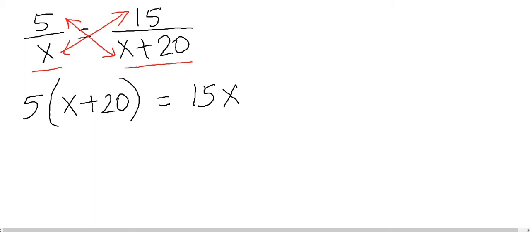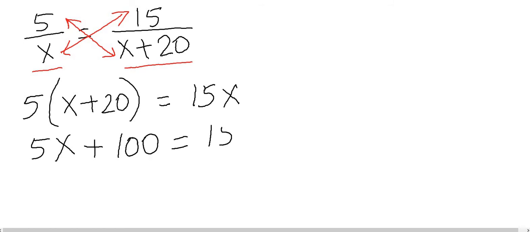Alright, so the left side, let's open that out. So that becomes 5 times x plus 5 times 20, which is 100, equal to, bring 15x down. Alright, so now you have 5x on the left and 15x on the right.